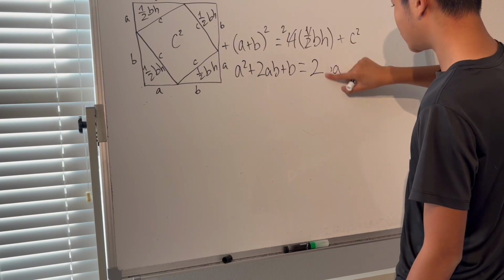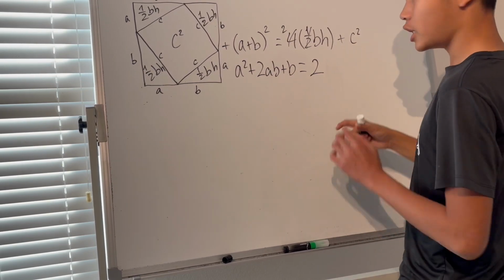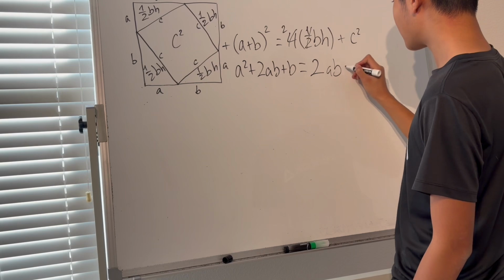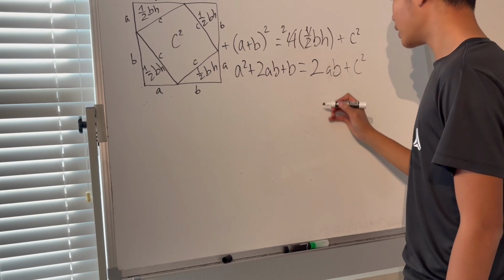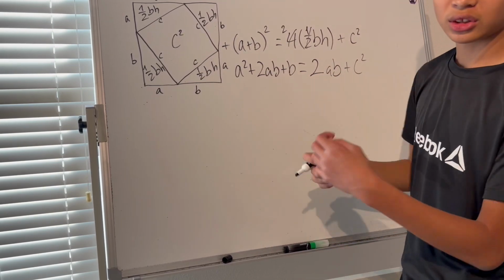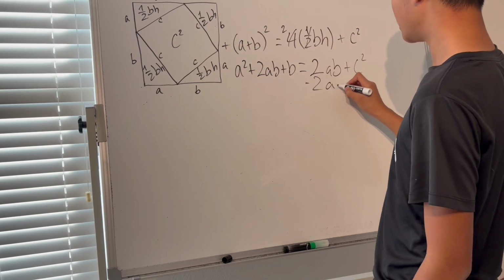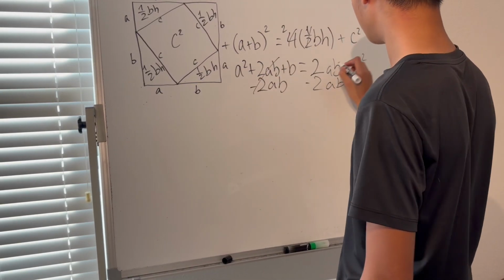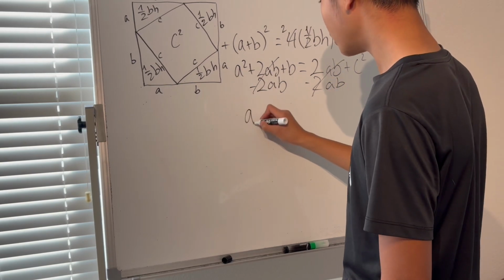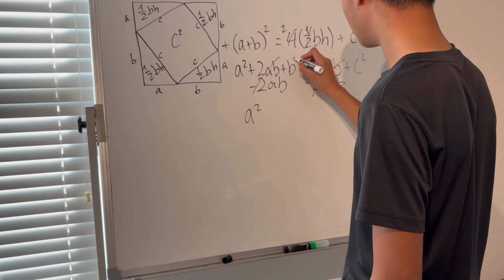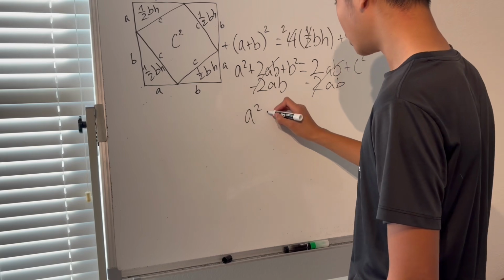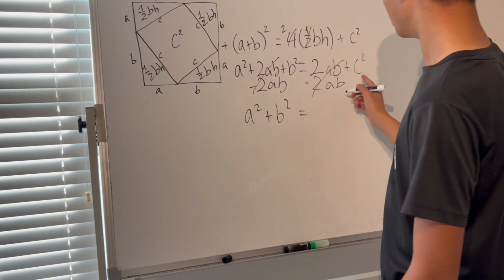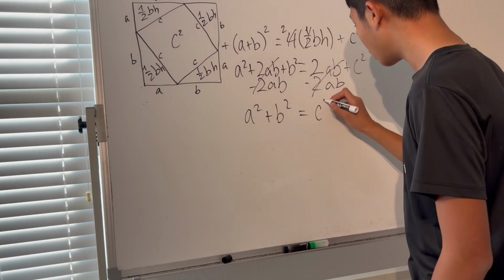Let's switch places so this can match. It doesn't really matter, it's multiplication, plus C squared. Now these are the same, so we can just subtract both sides, or you just cancel it right away. But let's subtract both sides. Cancel. So we are left with A squared plus B squared. Forgot to write B squared right here. Equal to, left with C squared, positive C squared.